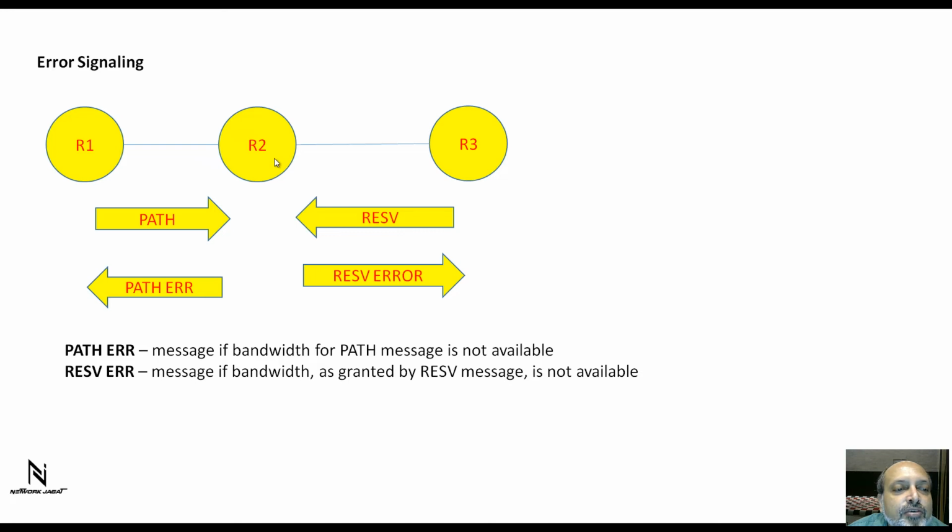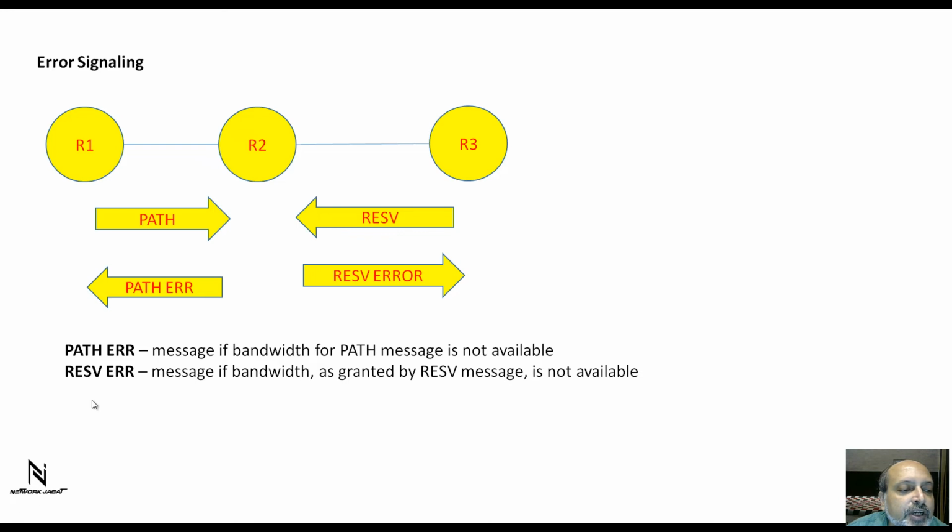Without waiting for any further transfer of this path message, because there is no point in transferring it. If it sees that it does not have 50 Mbps, what is the use of handing over this path message to R3? So immediately when it sees that it cannot ensure the path demanded by RSVP, it sends a path error message. So that is the error signaling, right?